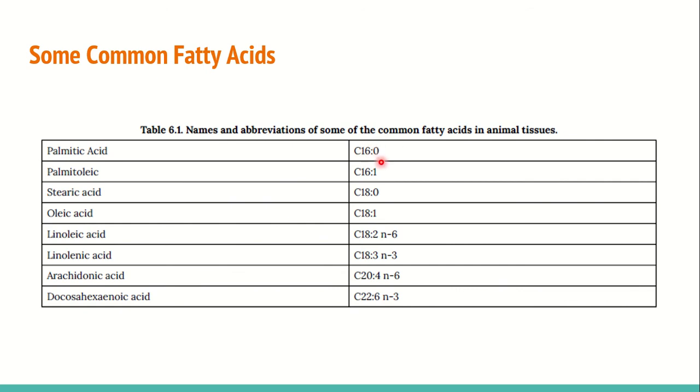And yung 0 na yan, what's that? Straight chain. So, palmitoleic is 16-1, so 16 carbon, no? Stearic acid, 18 carbons. Oleic acid, 18 carbons.